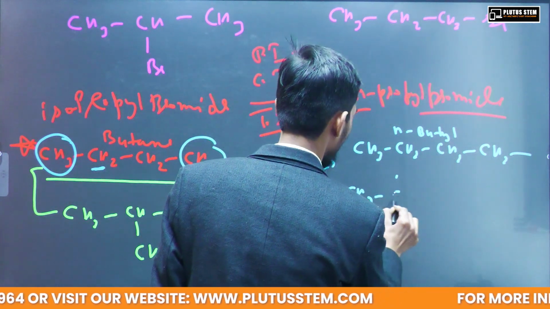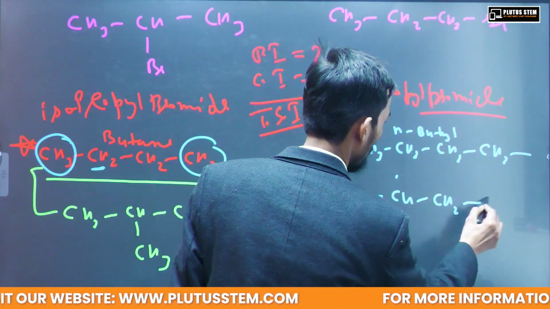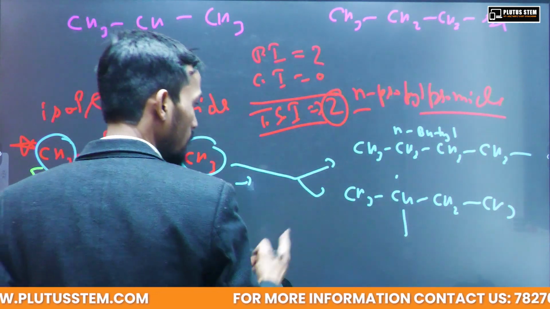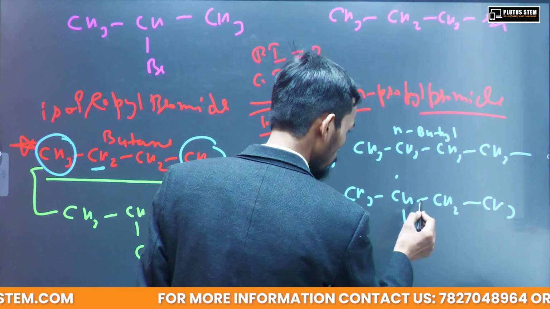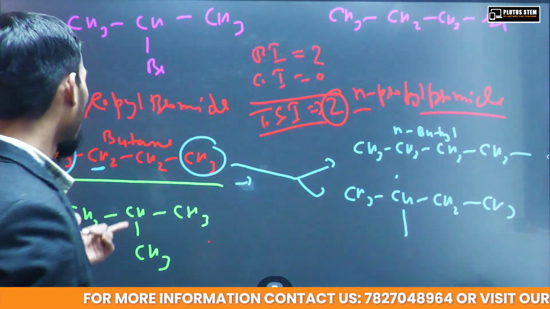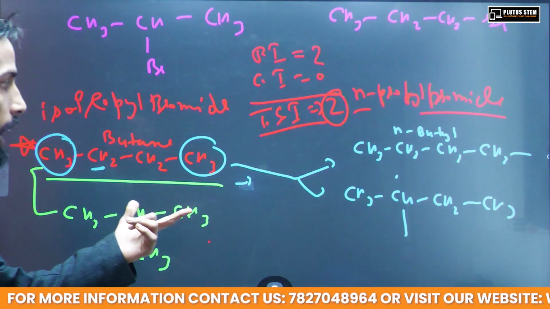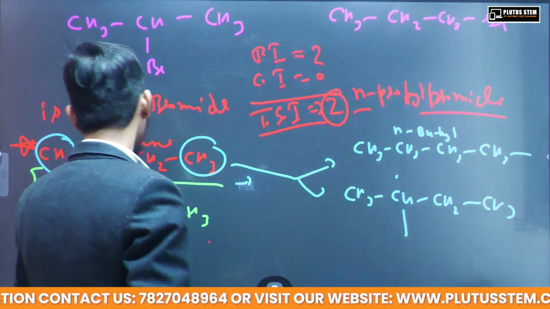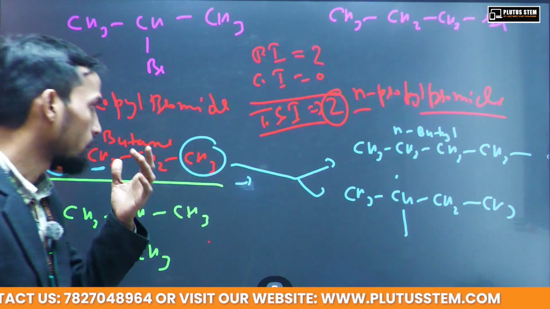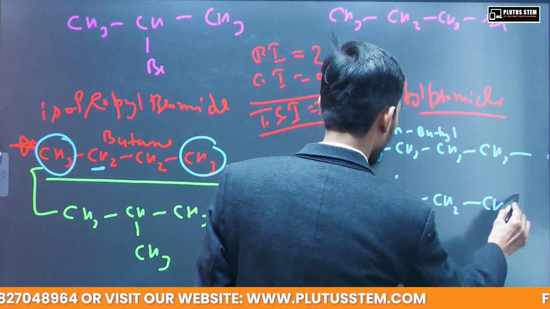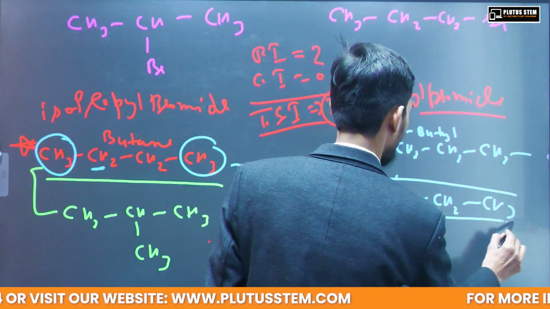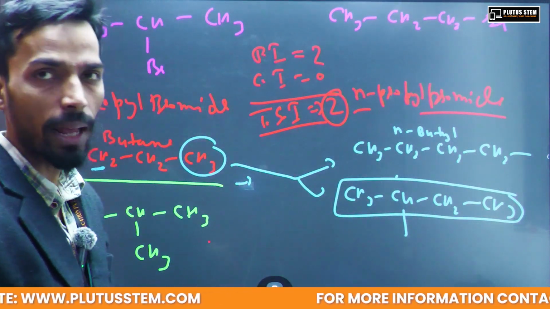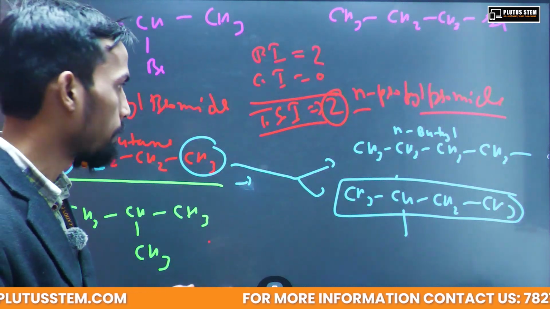It will be like CH3CH(-)CH2CH3. So which butyl is this? Can we term it as isobutyl? No, because it is not being generated from isobutane. So it is not necessary that every hydrocarbon or every compound has a common name.